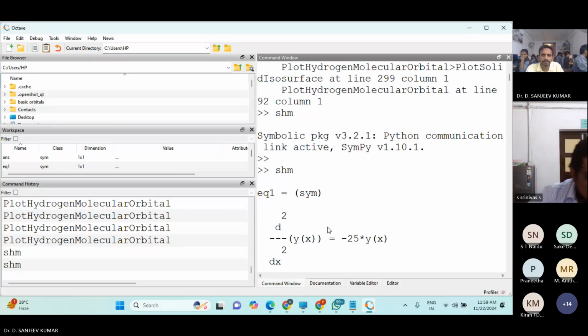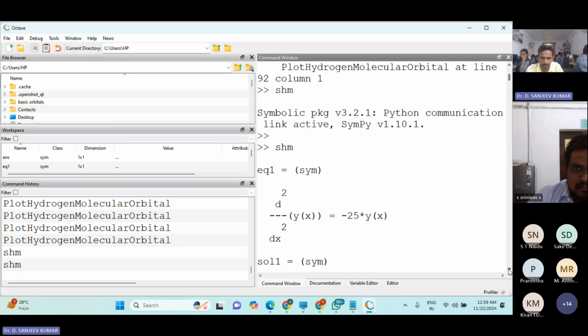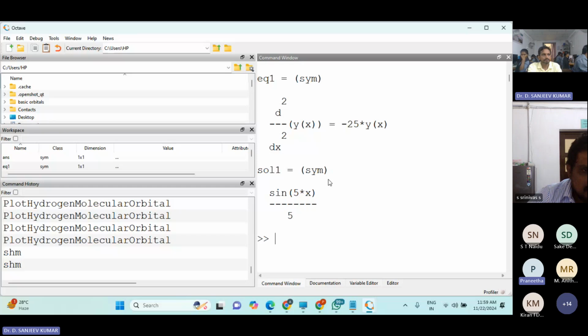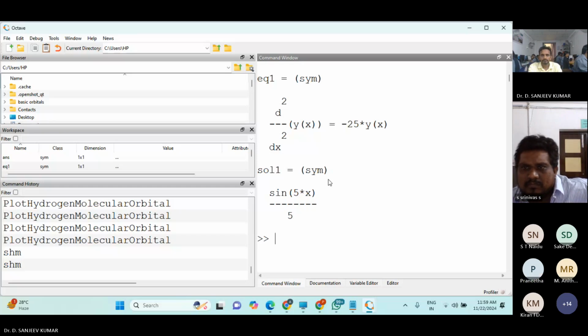equation 1, d square y by dx square is equal to minus 25y. So that is what we gave as input. And solution for that is sine 5x by pi.